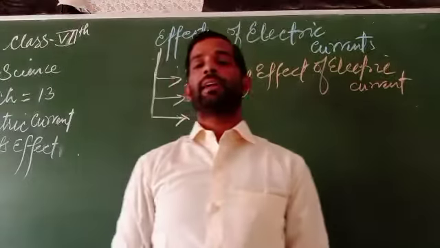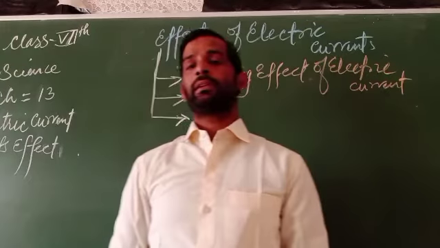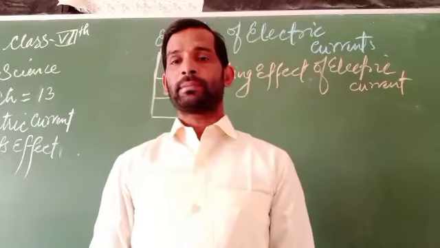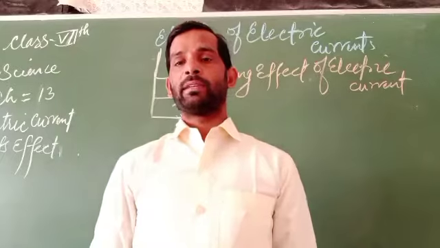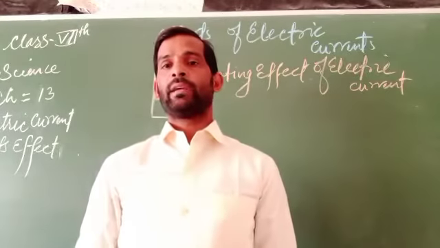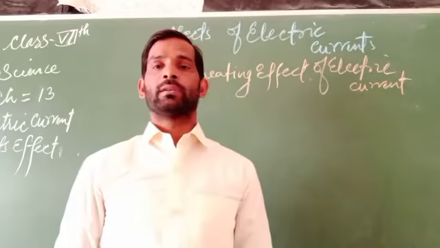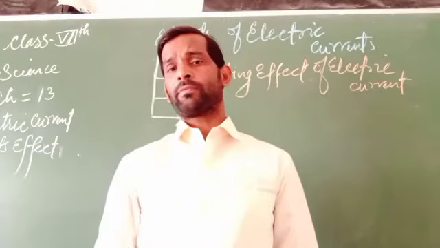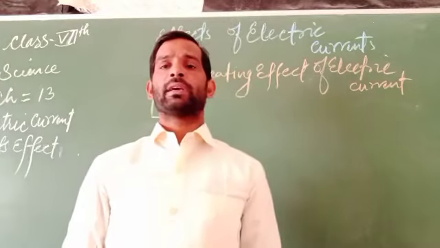Once upon a time, Benjamin Franklin was discovering something, and in his experiment a compass was found near the current passing through. Wherever the current flowed, the compass needle showed a deflection.